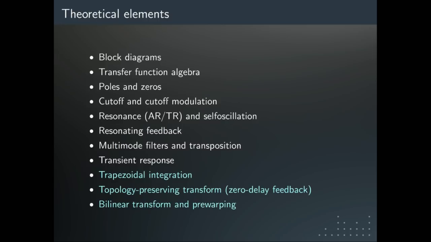The book introduces transfer functions starting from block diagrams. First, you learn the transfer functions of individual elements of the analog block diagrams, which is very easy, very intuitive. And then you just combine them algebraically, which is also a very simple process, and you end up with the transfer function of your filter structure.